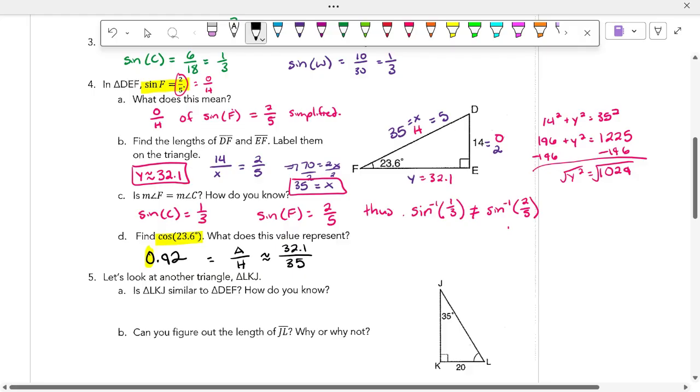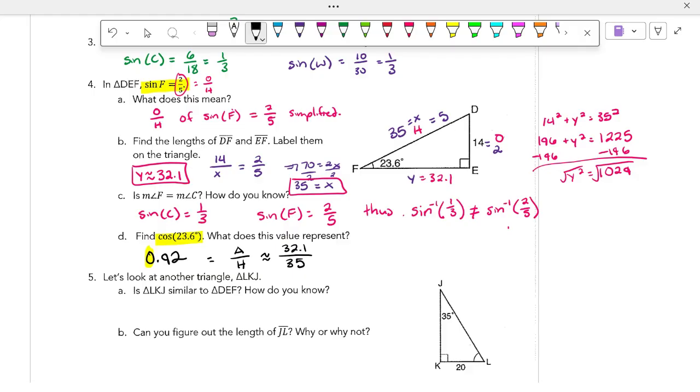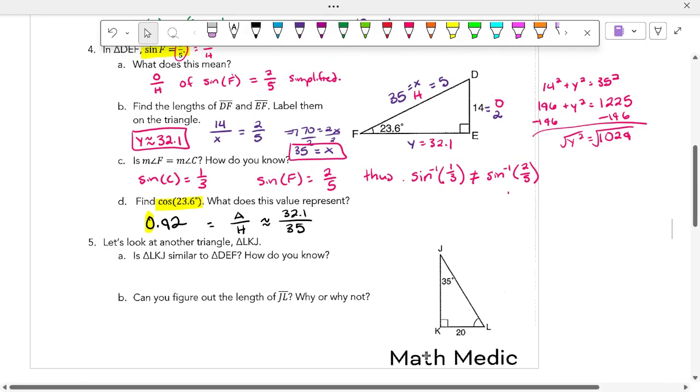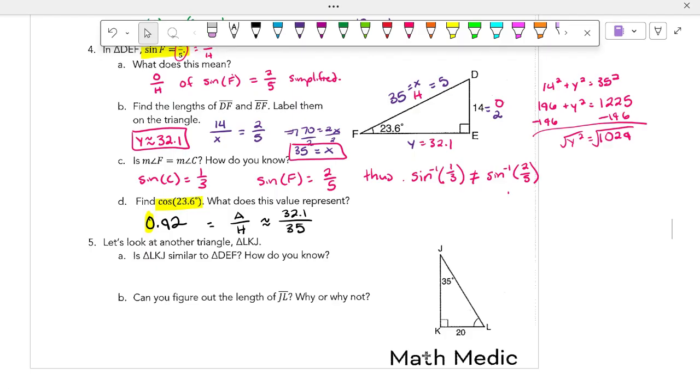Because remember, we can always prove that a triangle is similar by what postulate? Angle, angle. All right. Now, we have the 90-degree angle. We just need one other congruent angle. So we can find these two angles. So if you did 90 plus 23.6 and subtracted from 180, what would you get?